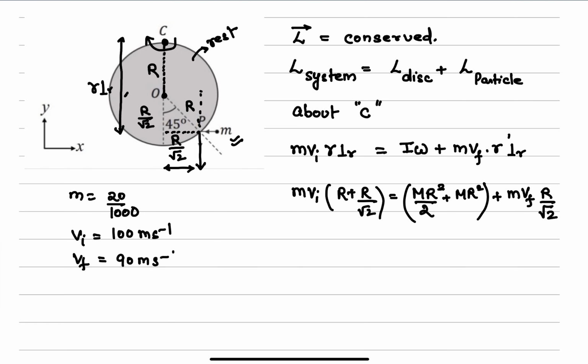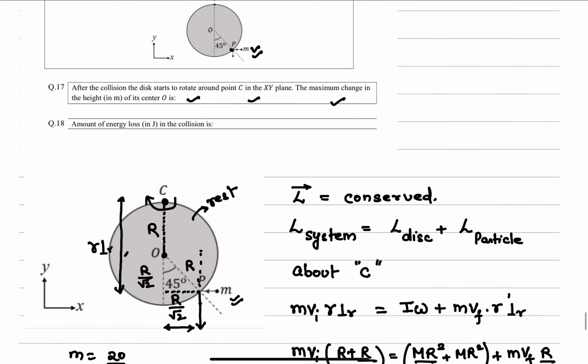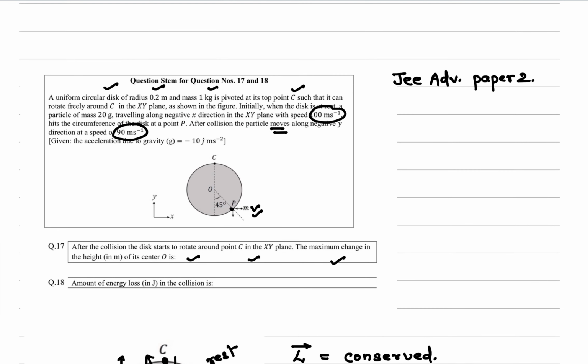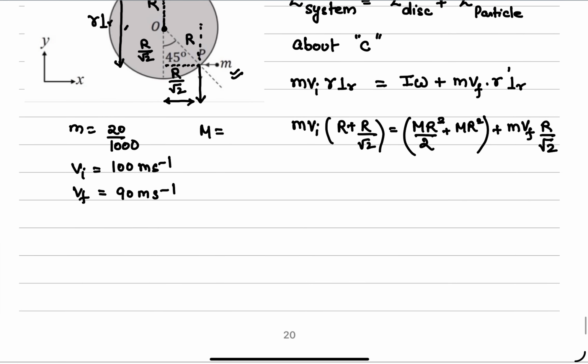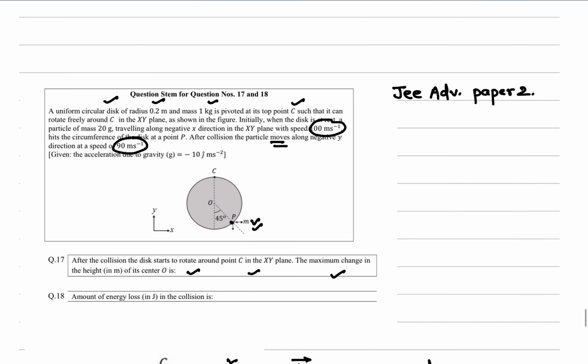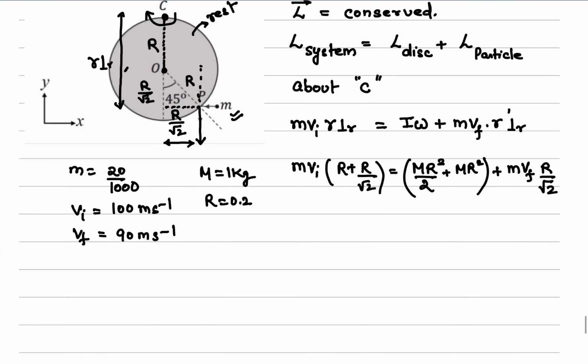You are also given the radius, which is 0.2 meter, and the disk mass is 1 kg. Now we can put the values here, and after putting the values, the omega will come out to be 7.13 radian per second after the calculation.